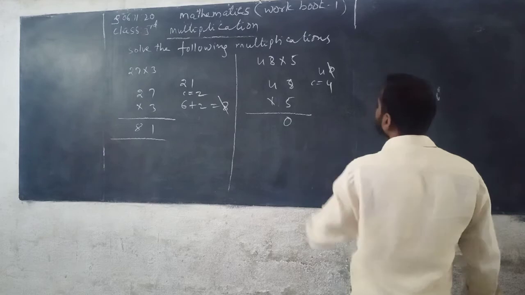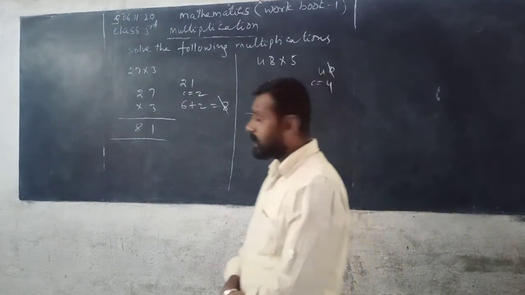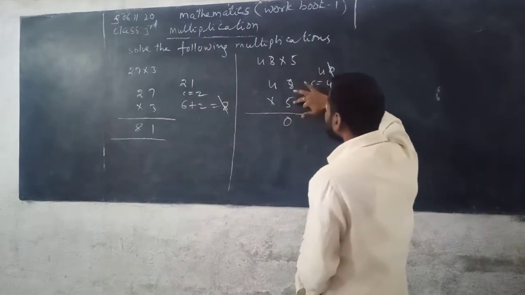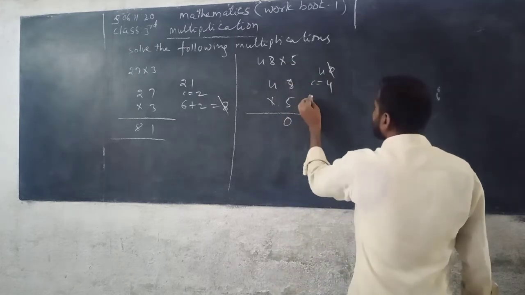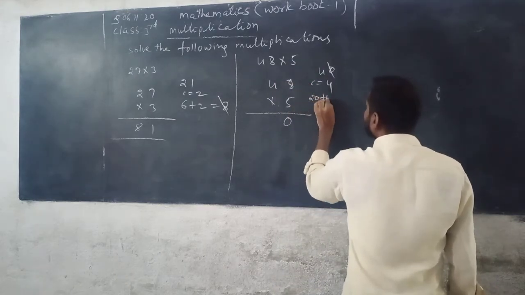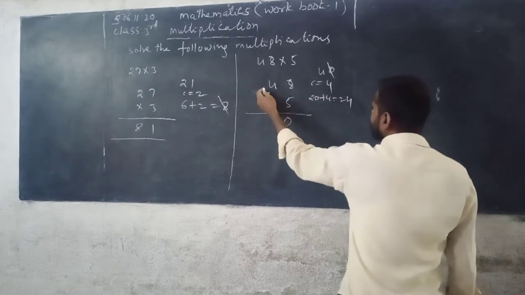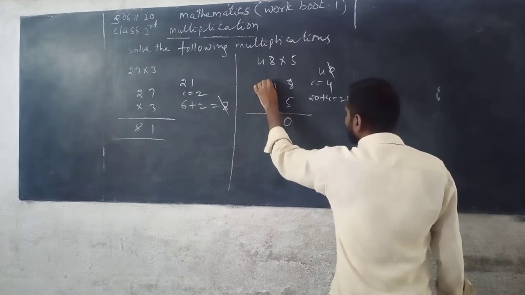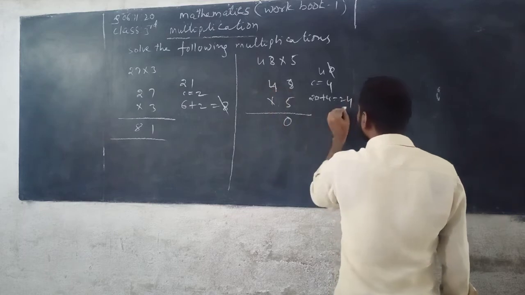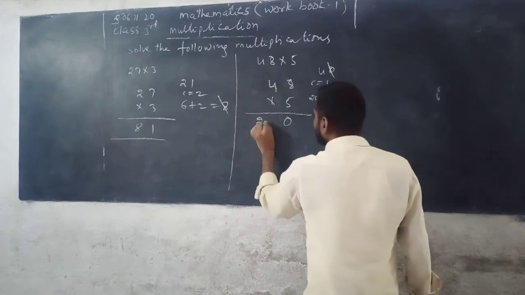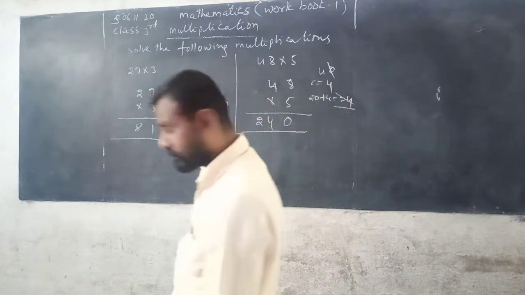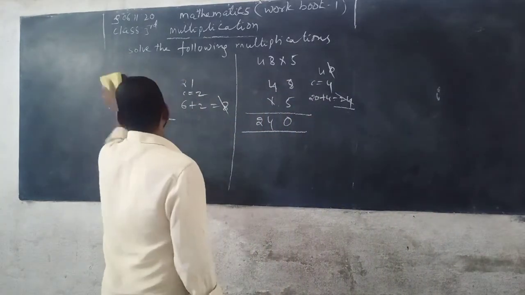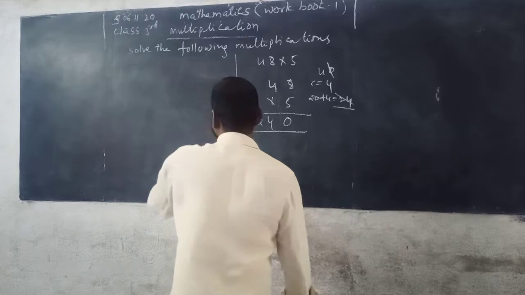So carry over 4 to tens place. Now next, multiply 4 with 5. 5 4s are 20. So 4 is added to 20, you get 24. So listen carefully. This is the last place of the given number. Then you can write 24 directly. So here there is no carry.